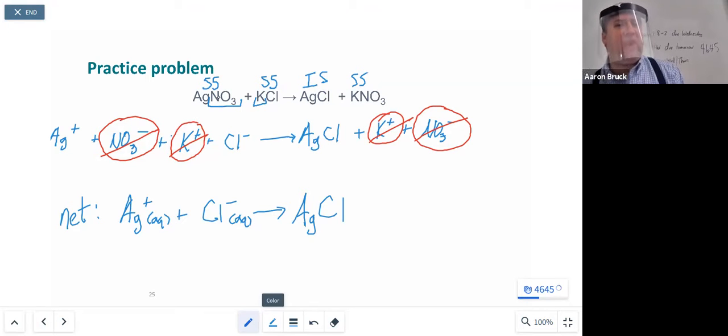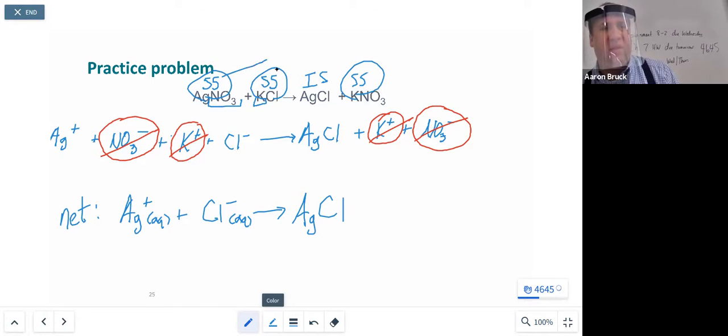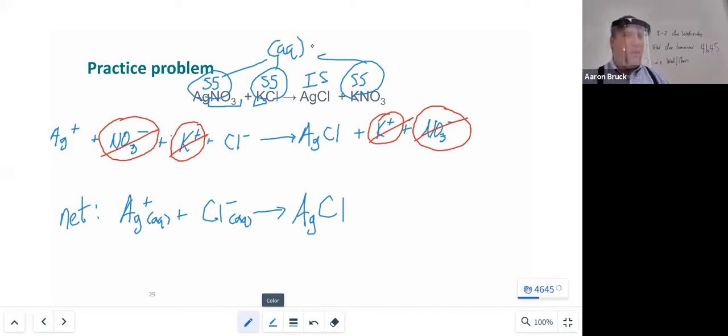So from the very beginning, these three substances that we identified as soluble salts, all three of them would have aqueous designations. If it dissolves in water, then that's what it is. It's aqueous. It's dissolved in water. That's what aqueous means.